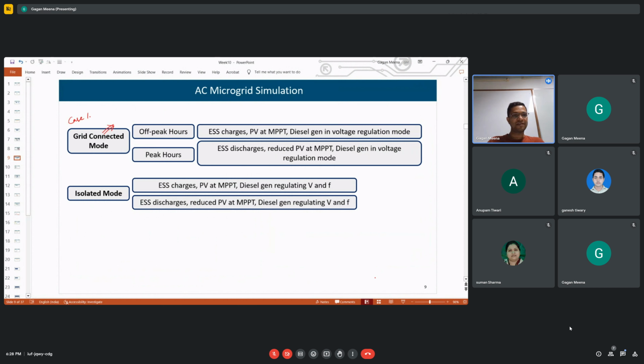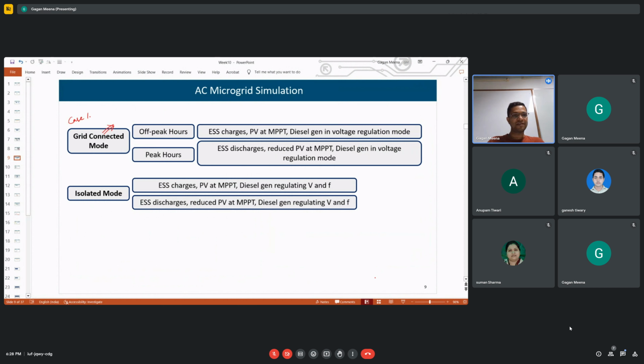So if their load is drawing power at 0.75 lagging power factor, then they will install a capacitor so that they can bring it close to 1 PF, unity PF. Capacitor will provide that remaining reactive power.